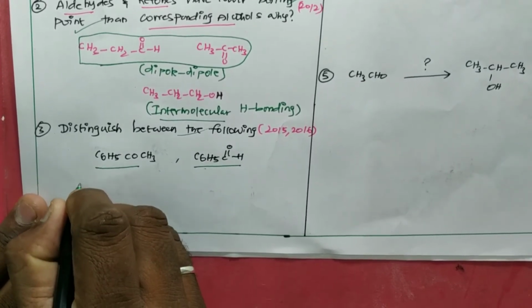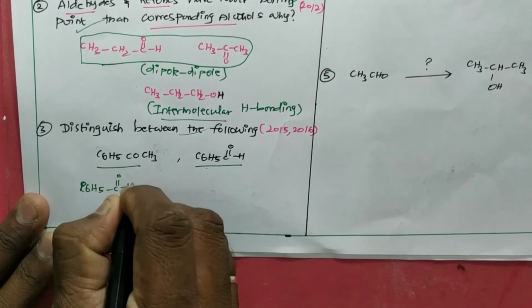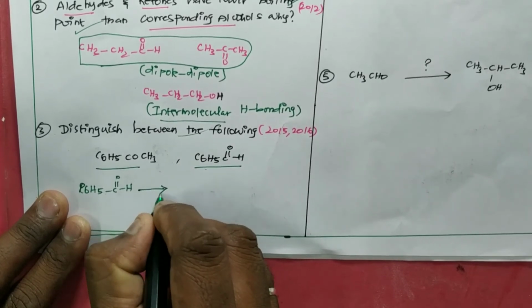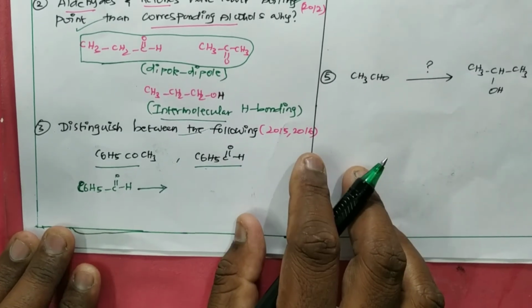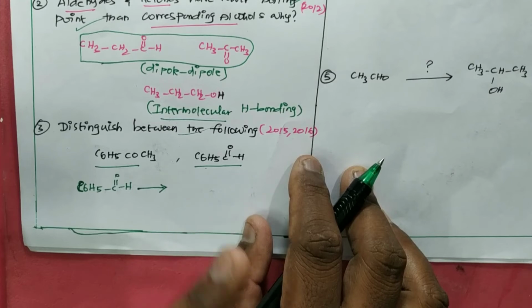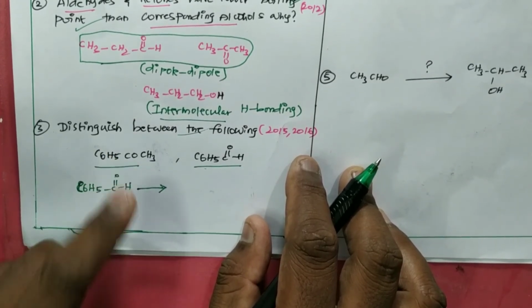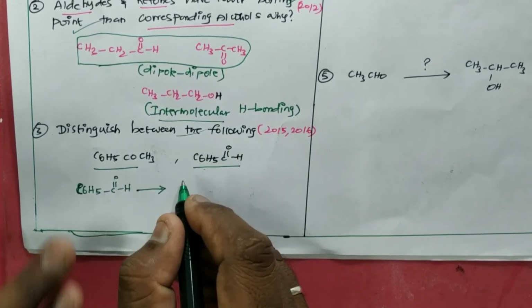Suppose I am taking C6H5-C double bond O-H. If this aldehyde reacts with a strong oxidizing agent, it will get converted into acids. But a ketone requires a strong oxidizing agent, whereas an aldehyde does not.